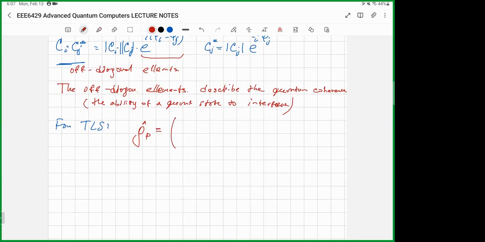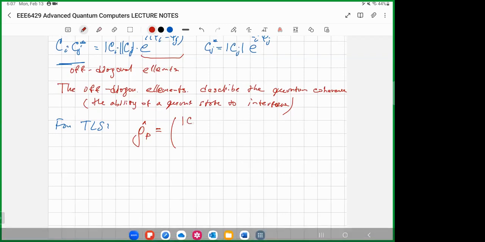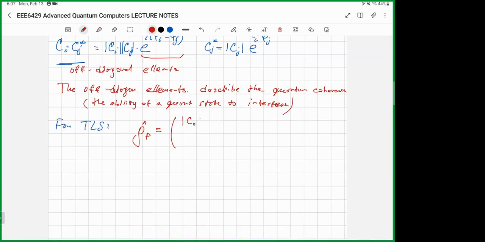And the diagonal elements will be the probabilities of finding the two-level system in the first state and in the second state, 0 and 1. And these two will be the off-diagonal elements, C1 C0 complex conjugation, C1 C0 complex conjugation.